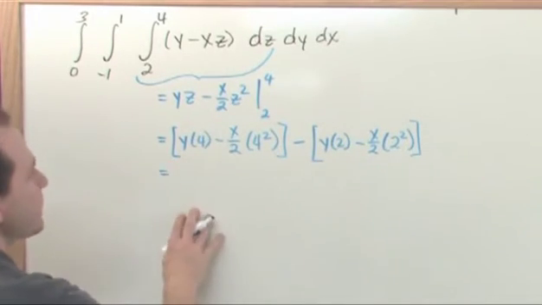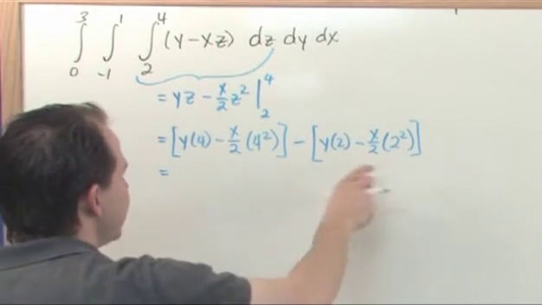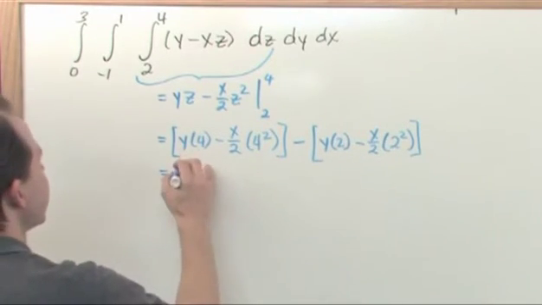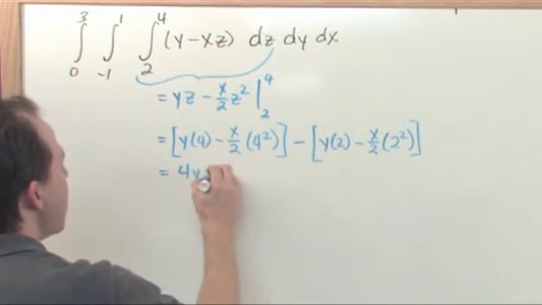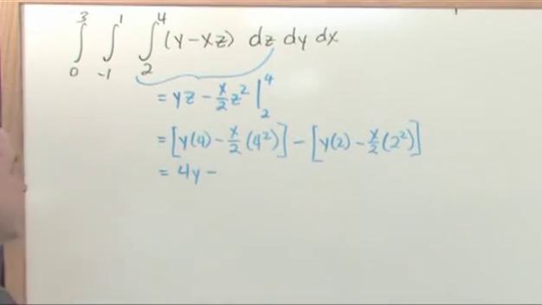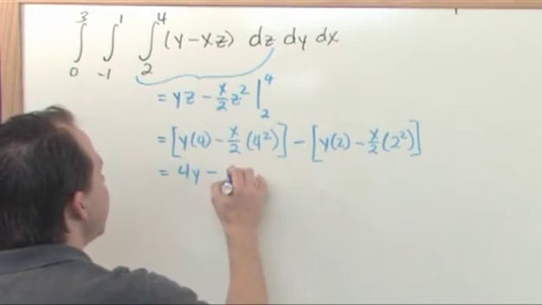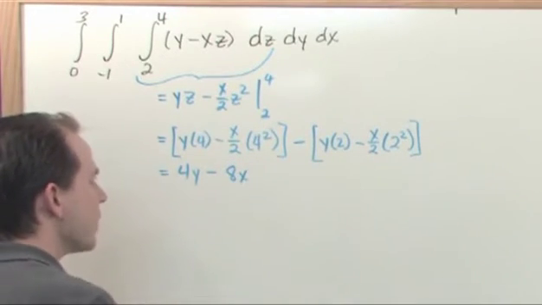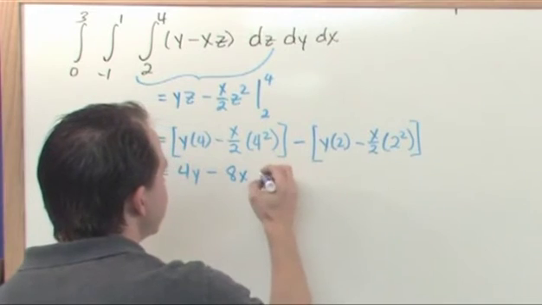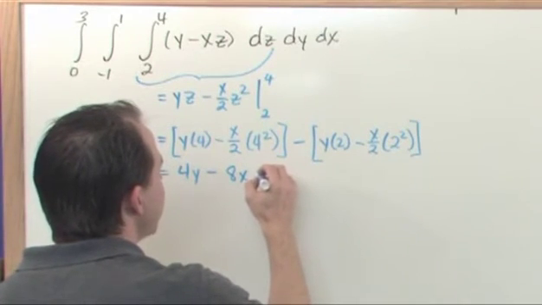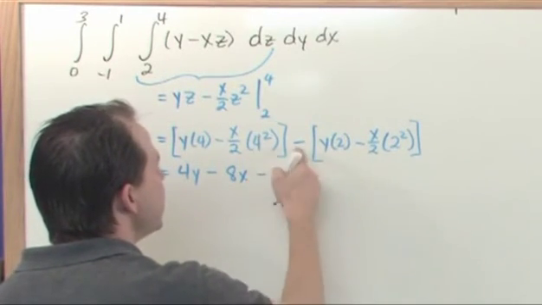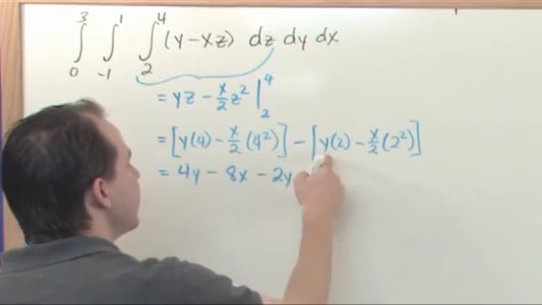Okay, so over here, let's not get too crazy. Let's not try to do too many things at once. So let's just rewrite this as 4y, minus 4 times 4, which is 16, and 16 divided by 2 gives you 8. So you're going to have 8x here. You're going to have a negative sign here, but let's do it this way: negative 2y, because you have 2y here.